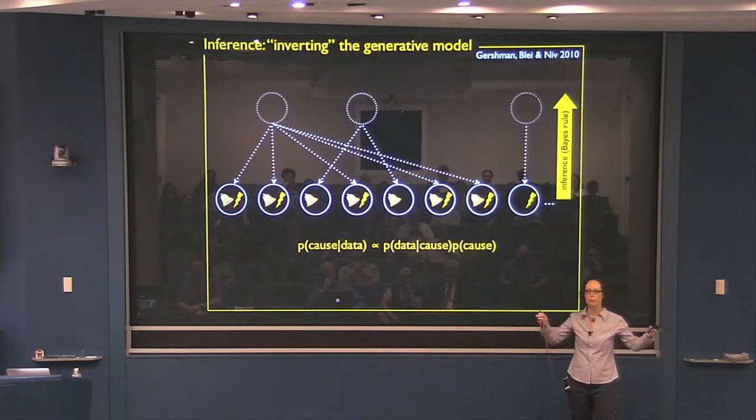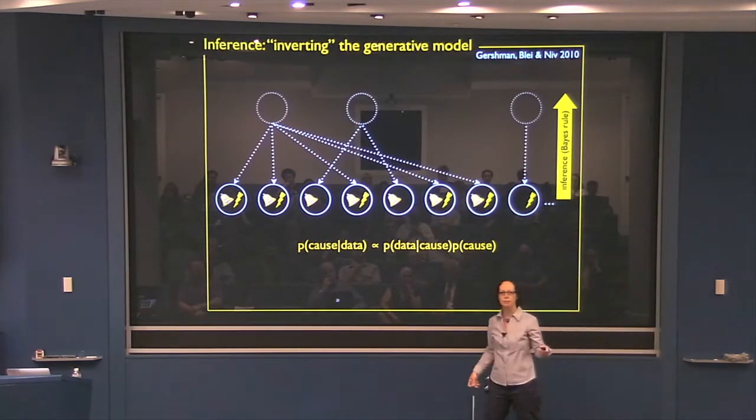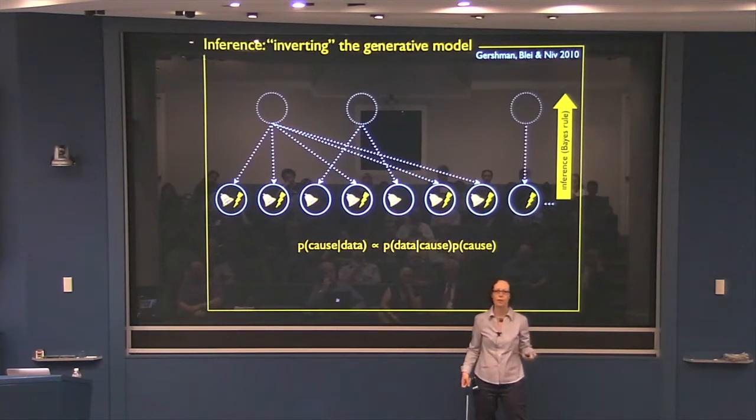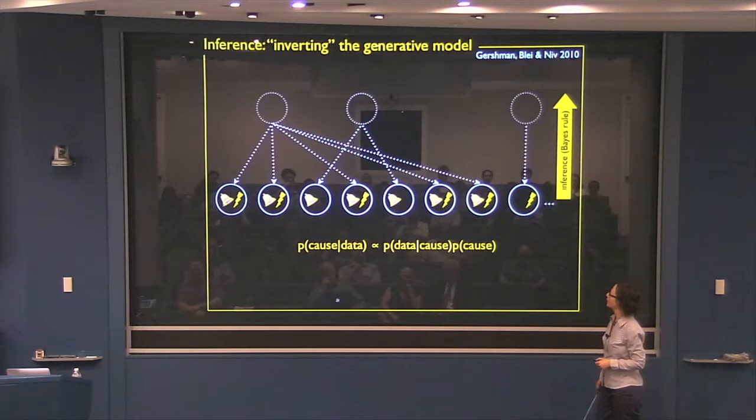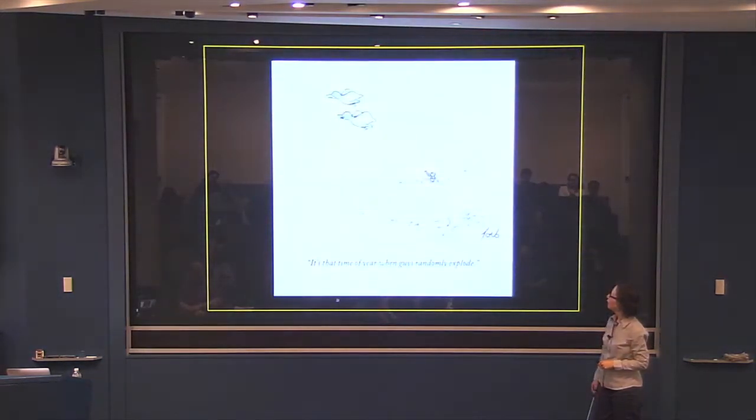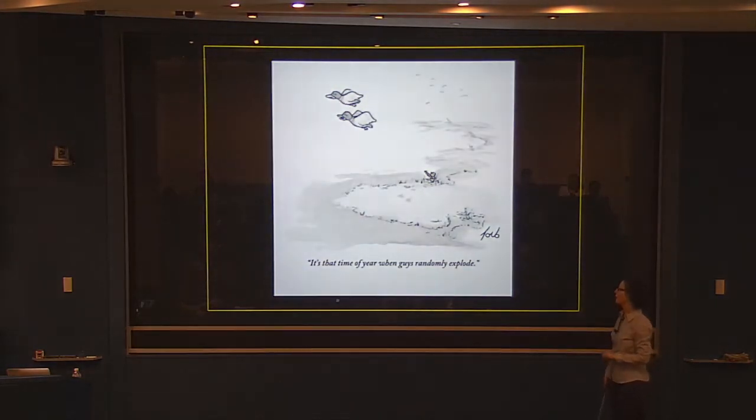Or you can just hedge your bets and say 80% chance it's that, 10% chance it's a different structure, 5%, 1%. We're not requiring the animal to make a decision here between these structures. And here's another cartoon that shows you why it's really important to try to infer those latent structures.